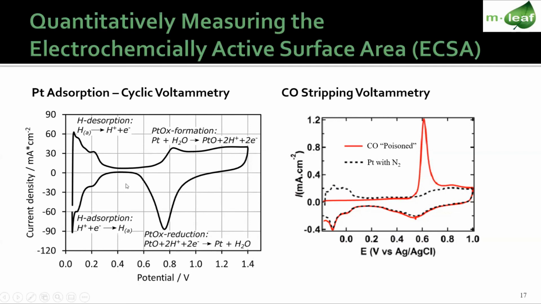And instead of the integral under this peak for hydrogen, it's the integral under this peak for CO. We know the number of electrons to go from CO to CO2, it is 2. And so you take the area under this curve, you normalize by nF, and suddenly you have the number of moles. In fact, it's the integral of I dt over nF. And that allows us in situ to measure the electrochemically active surface area.